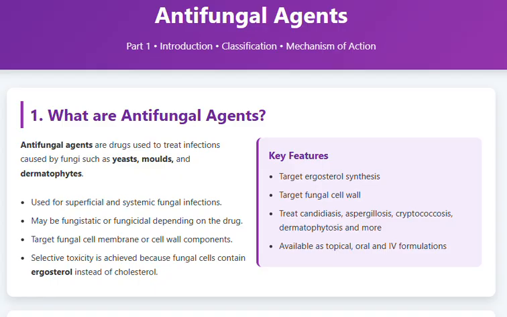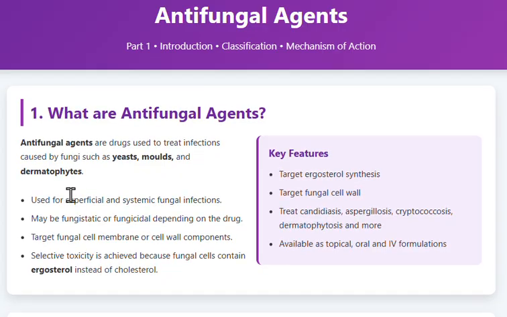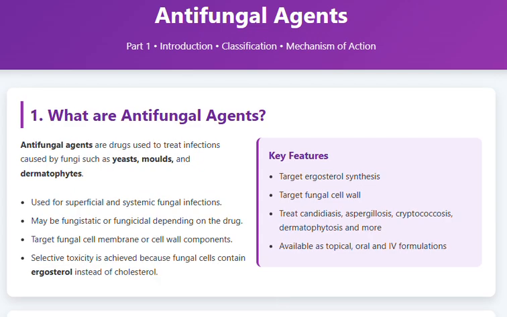Now, fungal infections are classified into two major categories. The first category is superficial fungal infections. These involve the skin, hair, nails, oral cavity, and mucous membranes. Examples include ringworm, athlete's foot, oral candidiasis, and vaginal candidiasis. These infections are generally treated using topical antifungal agents.